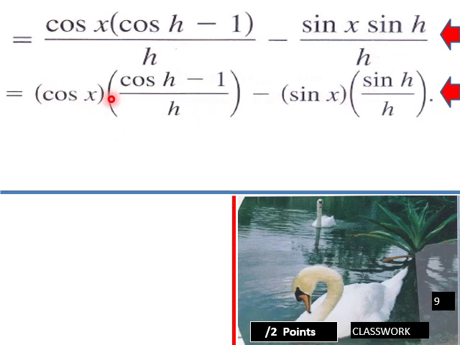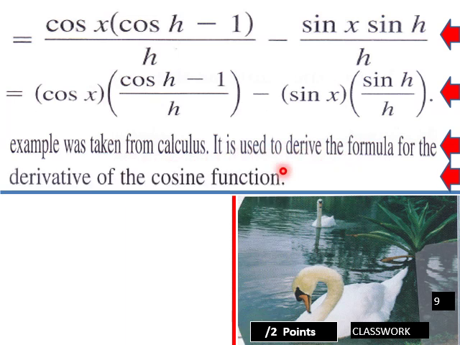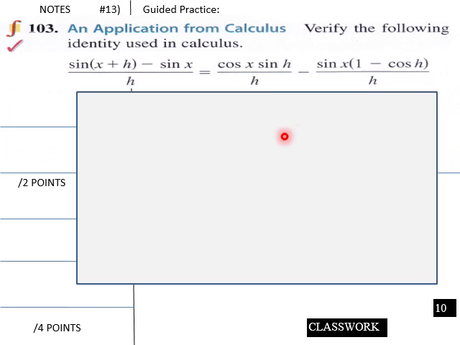This example is taken from calculus. It is used to derive the formula for the derivative of the cosine function. So there's your derivative of the cosine function.